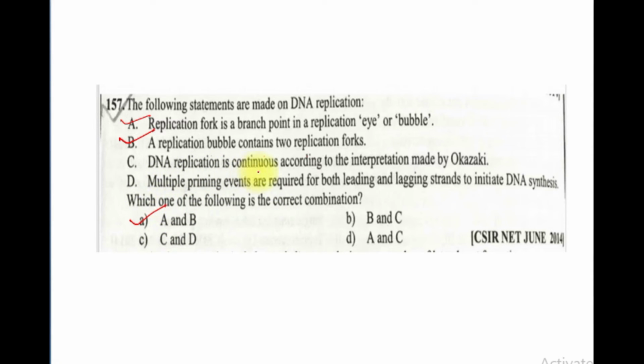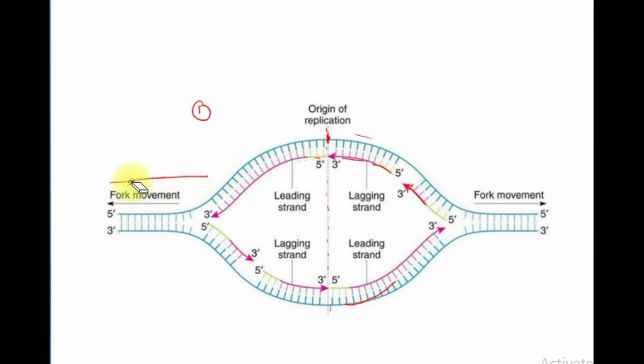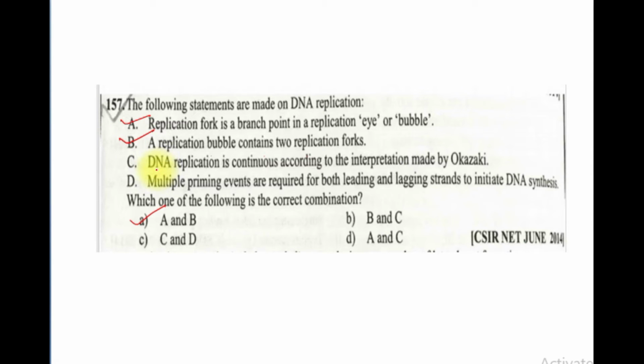DNA replication is continuous according to the interpretation made by Okazaki. We saw here that the Okazaki fragment is giving the lagging strand. It is not the leading strand. But in the statement it has been given that DNA replication is continuous according to the interpretation made by Okazaki.